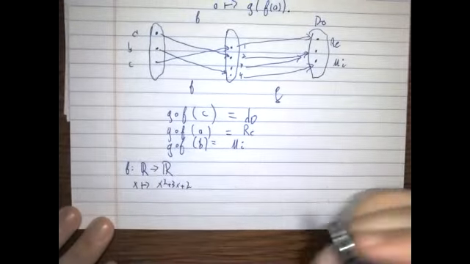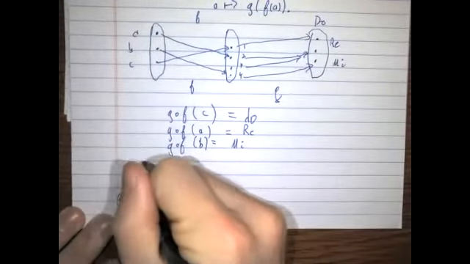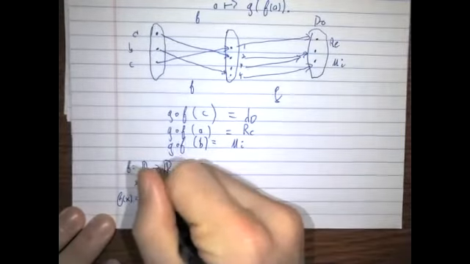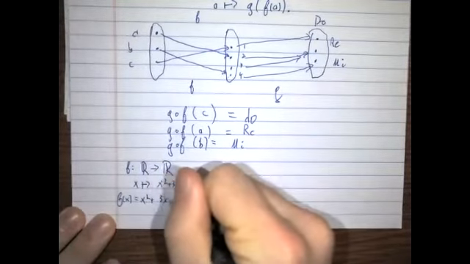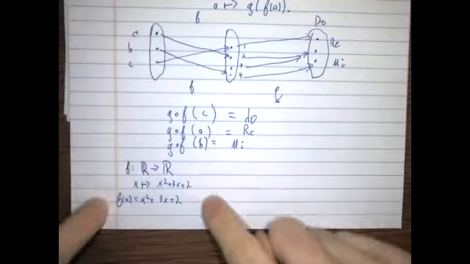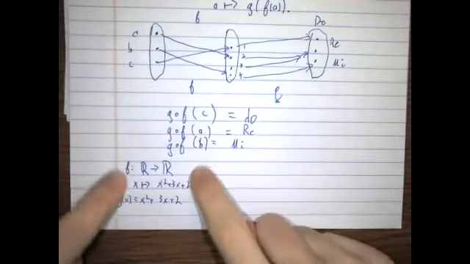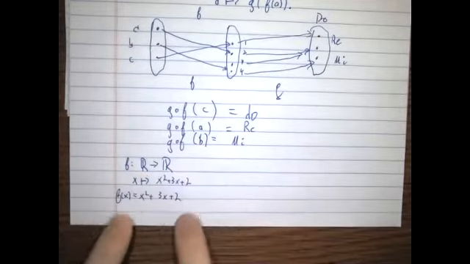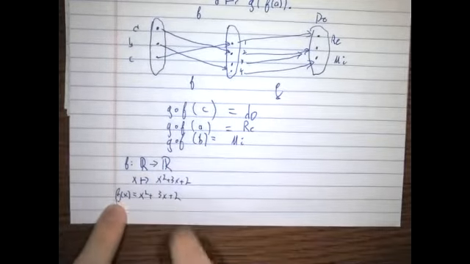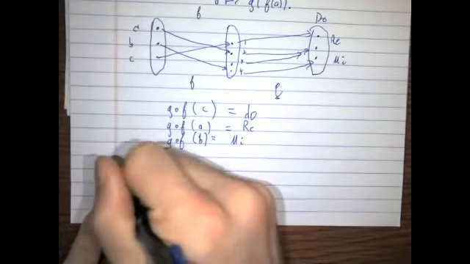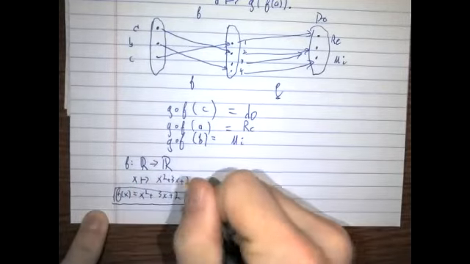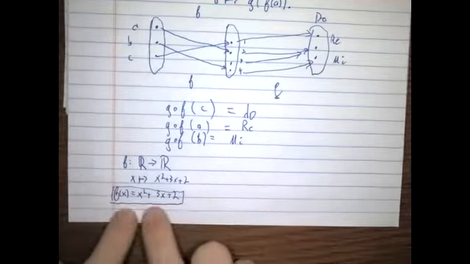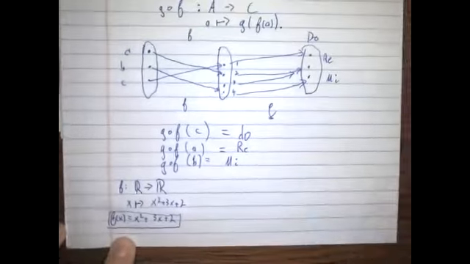In a prior class, you'd probably write this as f of x is equal to x squared plus 3x plus 2, right? These contain the same amount of information, and actually this contains more information because I'm specifying the domain and the codomain, whereas this expression right here is not telling you what the domain and codomain are. But nonetheless, this is probably very familiar.